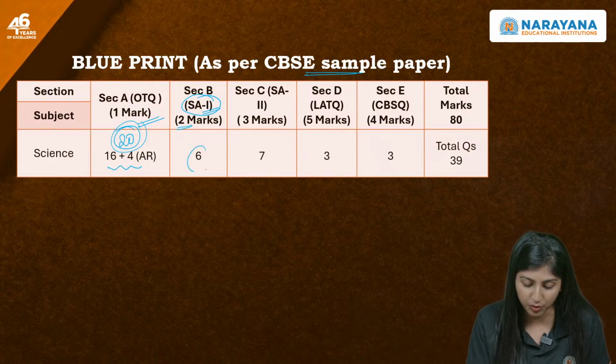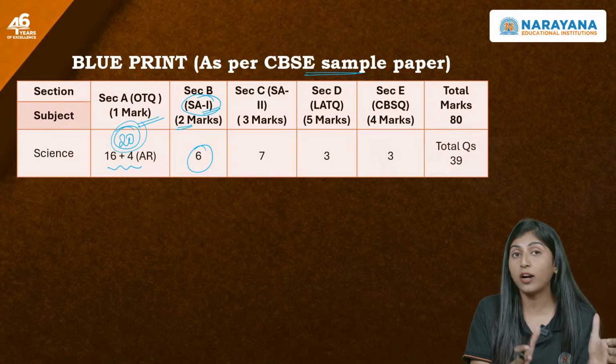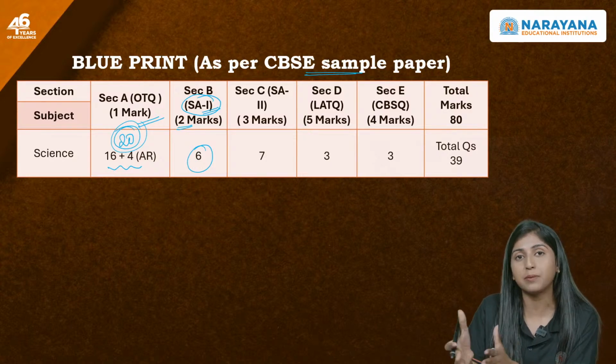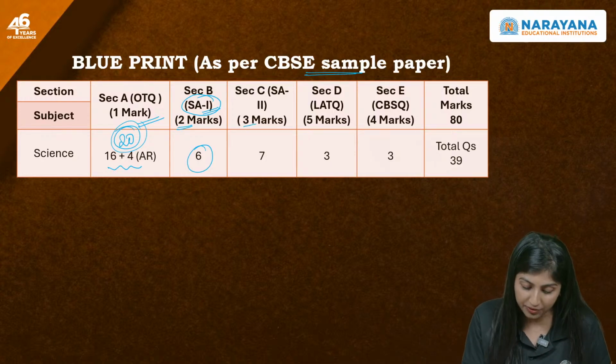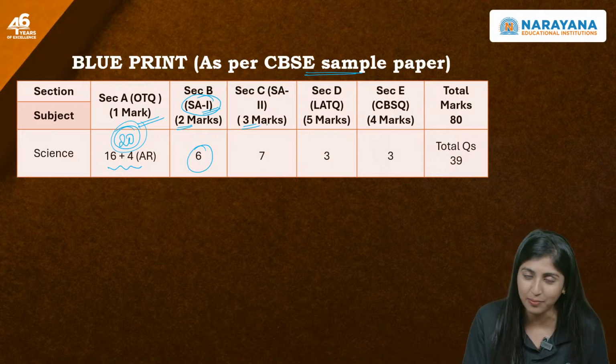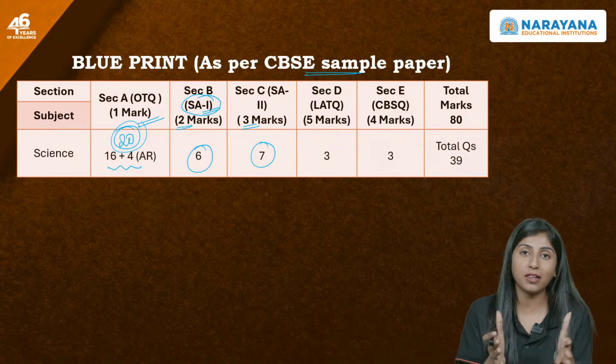And how many questions do we see from here? It is 6. Then we have short answer question type 2, in which each question carries 3 marks. How many questions do we have? 7 questions. Now, then we have the long answer type question.